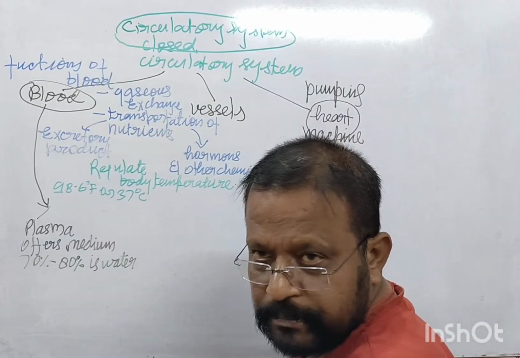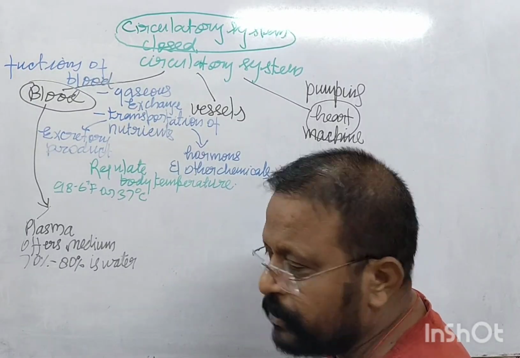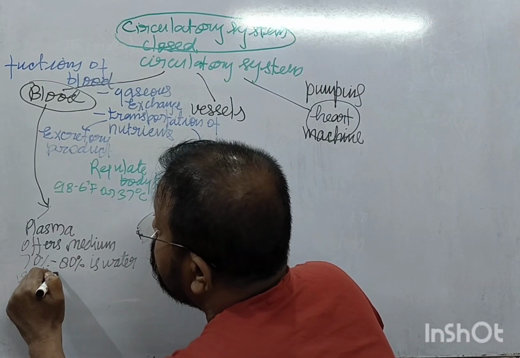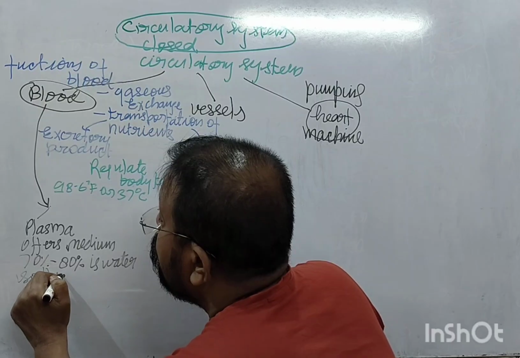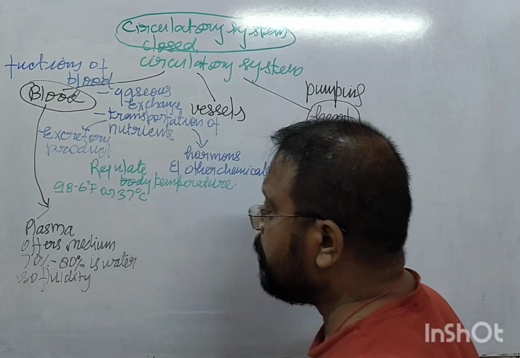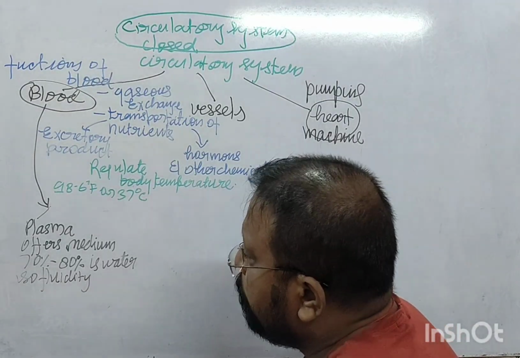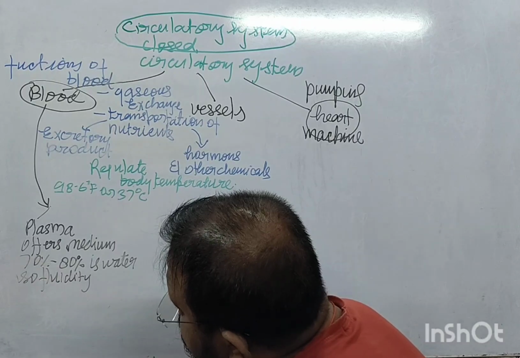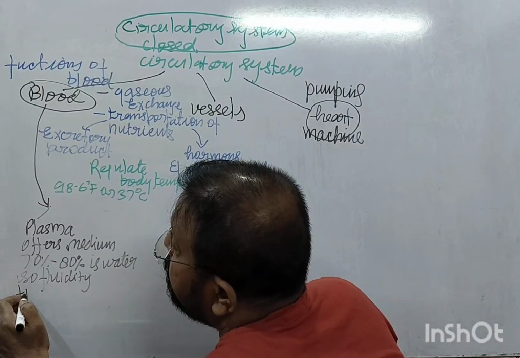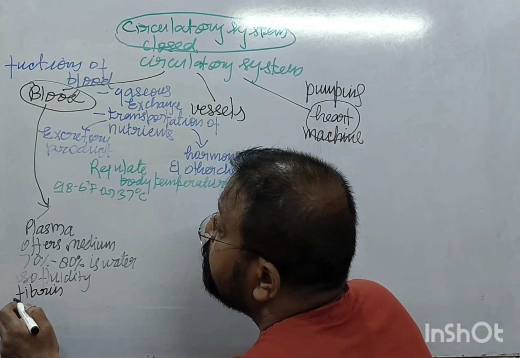Plasma offers a medium, matlab things are moving in that. 70 to 80% is water, so it offers fluidity. And it contains fibrin.